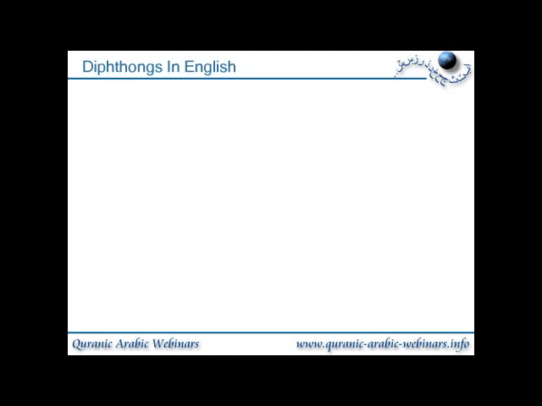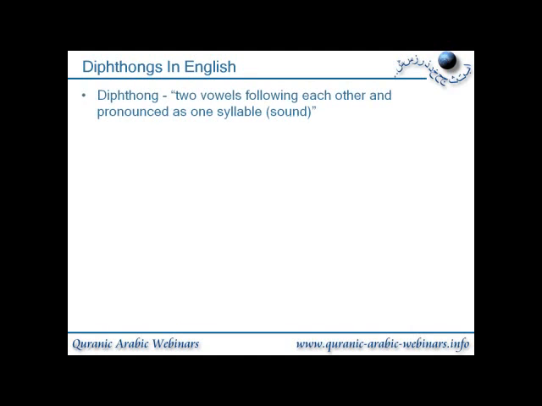So diphthongs in English, this is the actual definition of a diphthong: two vowels following each other and pronounced as one syllable or one sound. So normally two sounds which effectively merge into one sound. Essentially, these are sounds that glide together, so that's why they sometimes call it the gliding sounds.